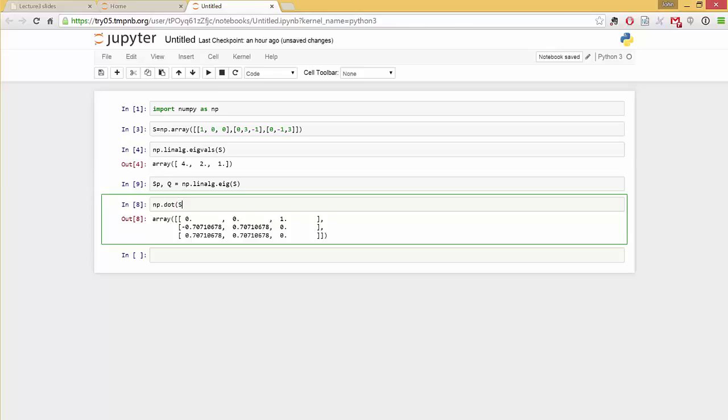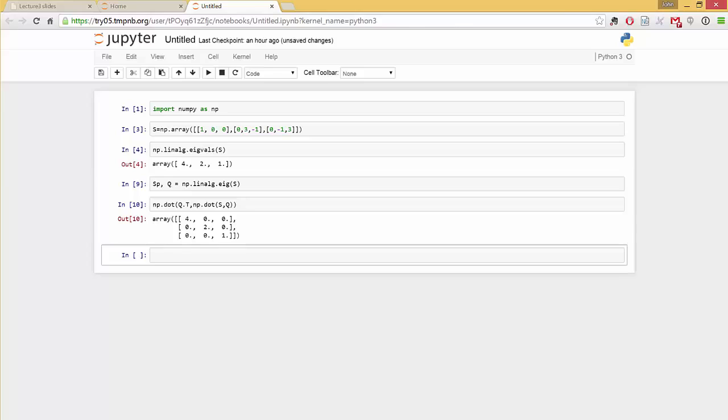I'm going to take the dot product of S with Q, and then the result of that, I'm going to take the dot product of Q transpose. See what we got? That's S prime, right?